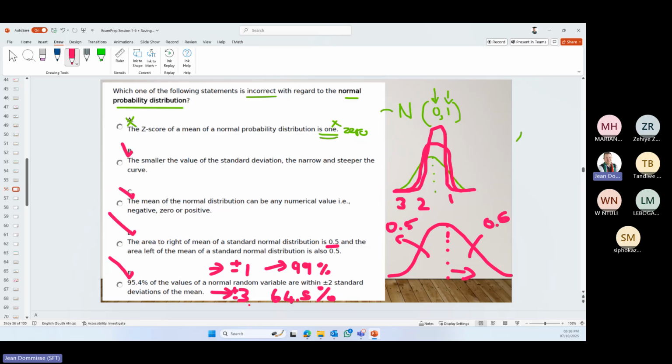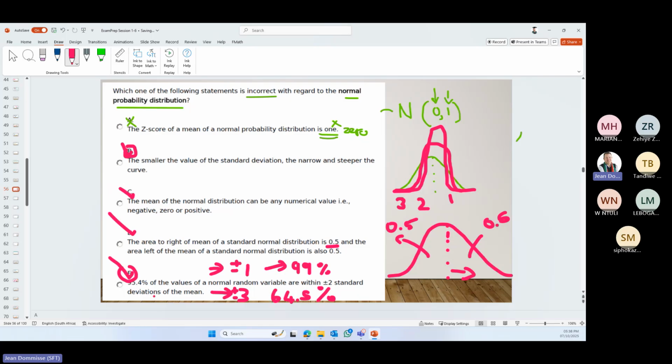That's why you will see a change in the shape of the curve as well. So option E and option B are linked to one another.